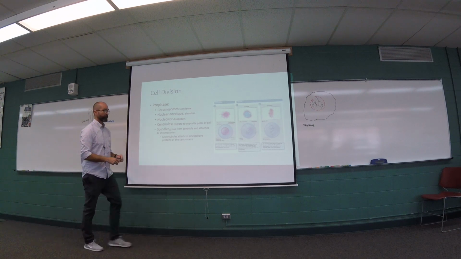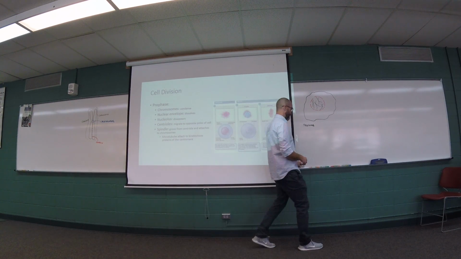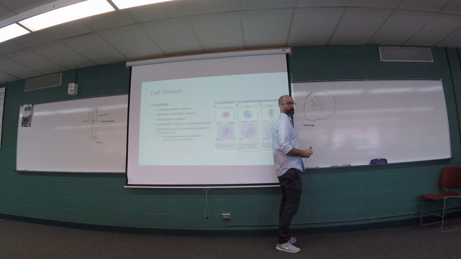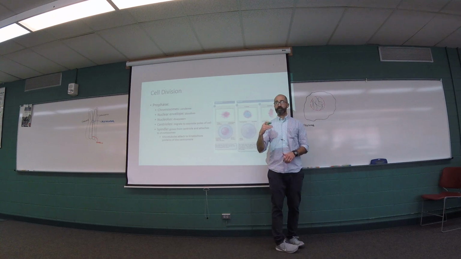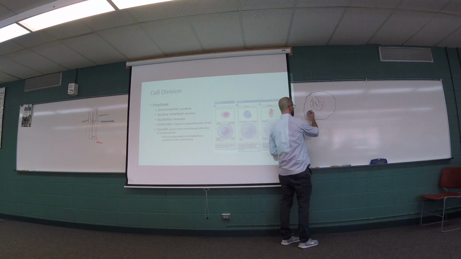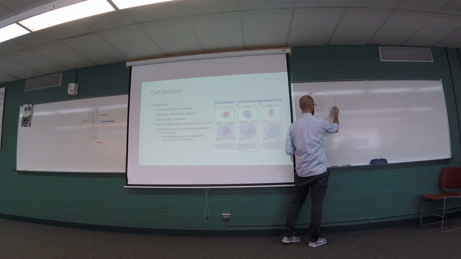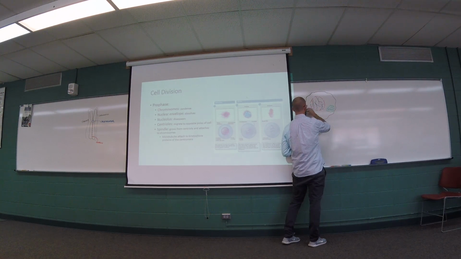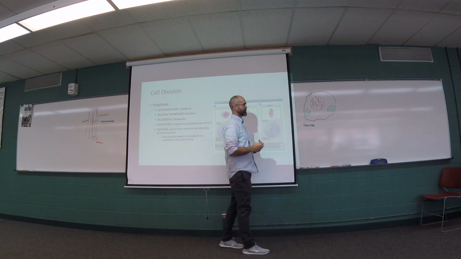Now, there are some organelles that we talked about called centrioles. And after the G2 phase, each cell has 2 centrioles. You guys remember what centrioles are for? I'll draw the structure. Maybe this will jog your memory. Remember seeing something kind of like that?